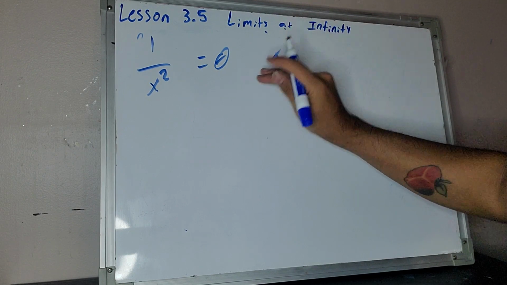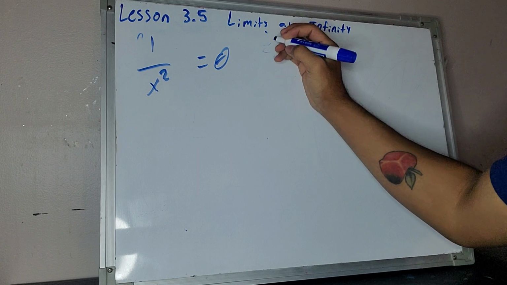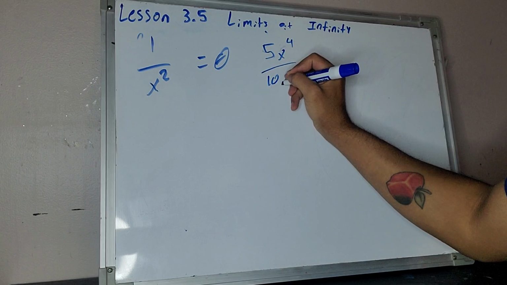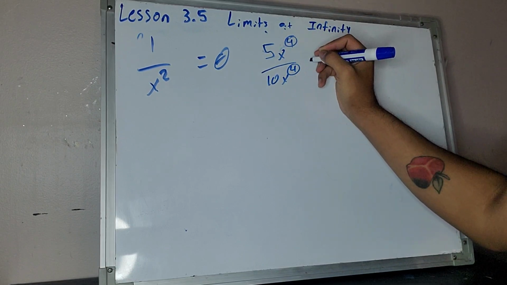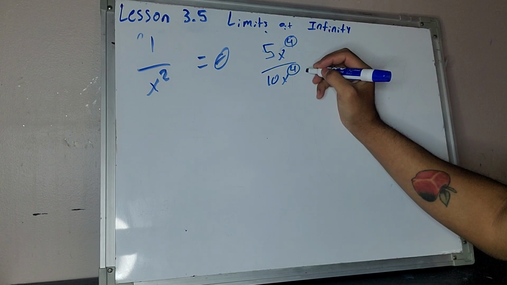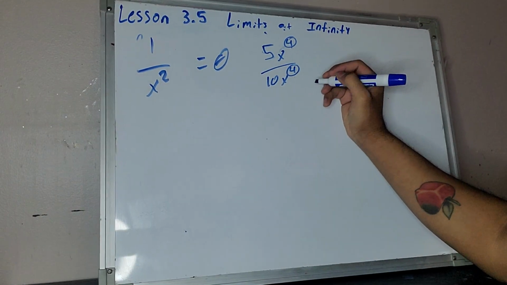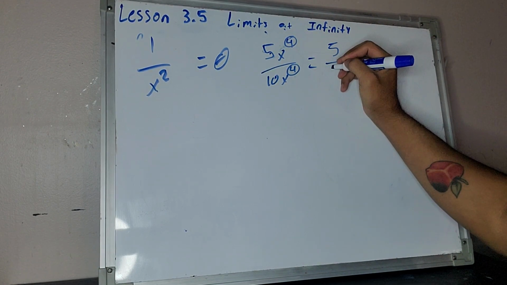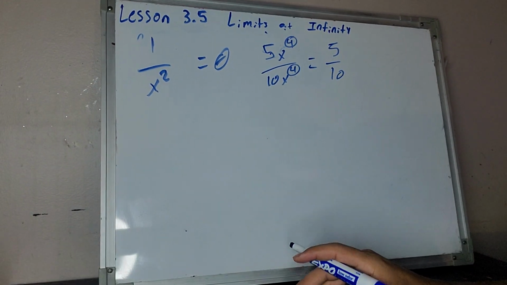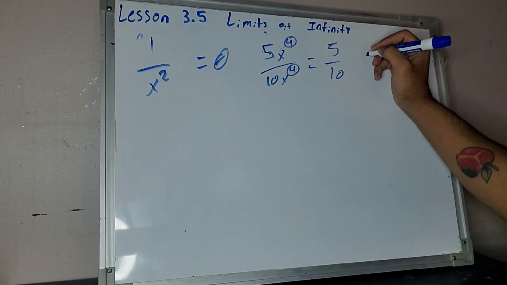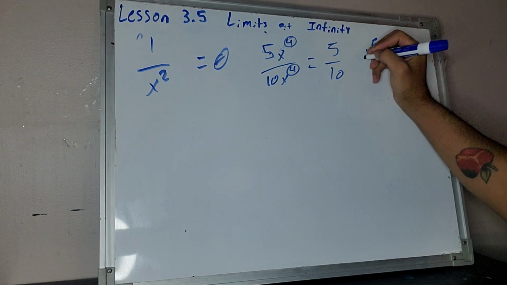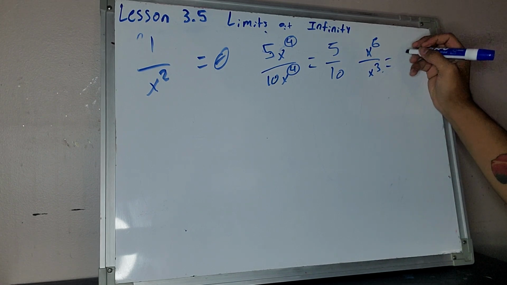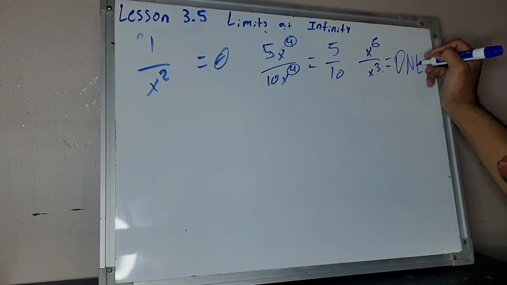If the two degrees are equal to each other, then the limit of the rational function is the ratio of the leading coefficients. So the limit of this would be 5/10. However, if the numerator has a larger degree than the denominator, then the limit does not exist.